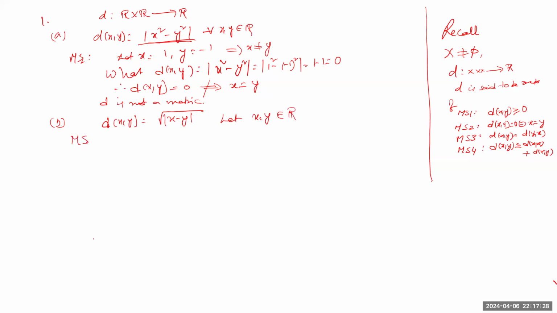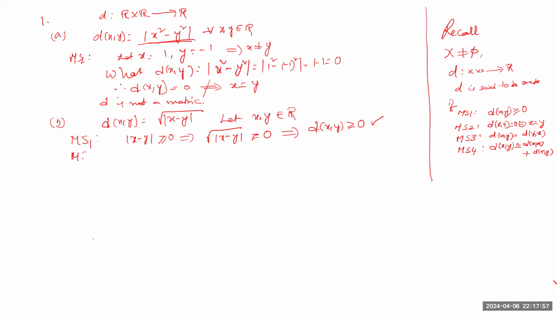And clearly MS1: the modulus of x minus y is greater than or equal to 0. That implies the square root of the modulus of x minus y is greater than or equal to 0, implies d(x, y) is greater than or equal to 0. So clearly d is non-negative.